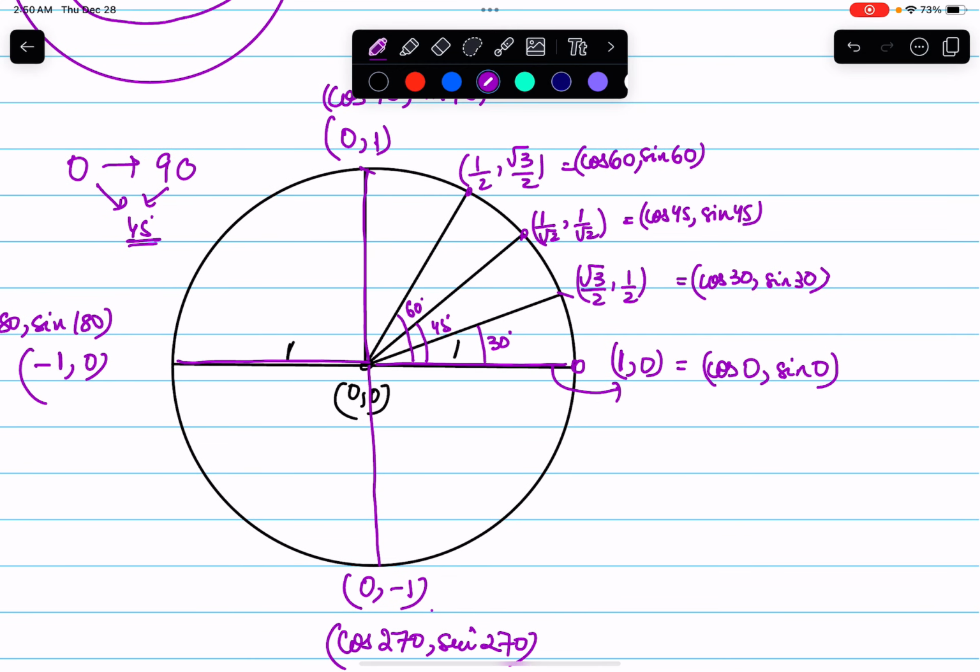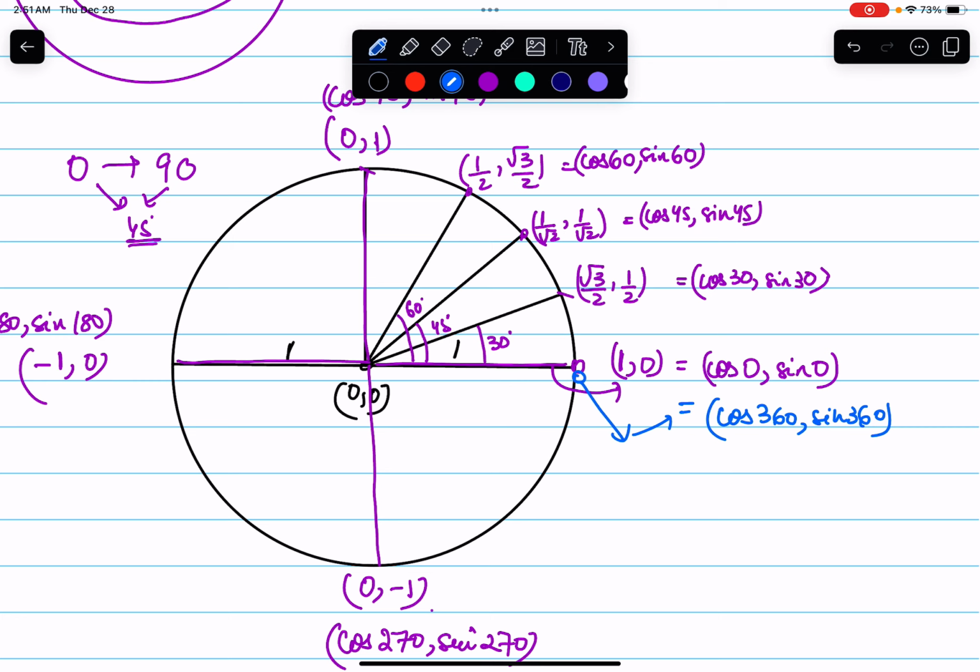Oh, and another thing that you just need to know is that if you make one entire revolution, then you come back to the same point. So at this revolution, this 1 comma 0 will also just correspond to cosine of 360 and sine of 360. Okay? So these are the major angles that you need to be knowing.